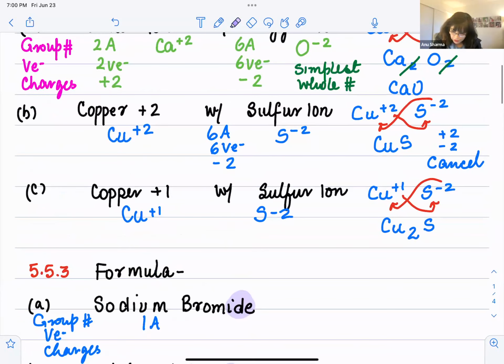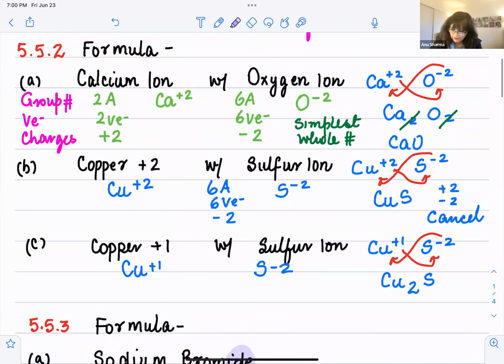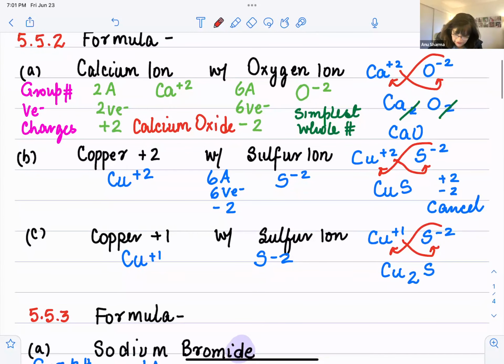We did this. So they're asking you to write a formula, but I'm still going to write a name. This is calcium oxide. Just the name as it is, calcium oxide. And then you have copper sulfide.